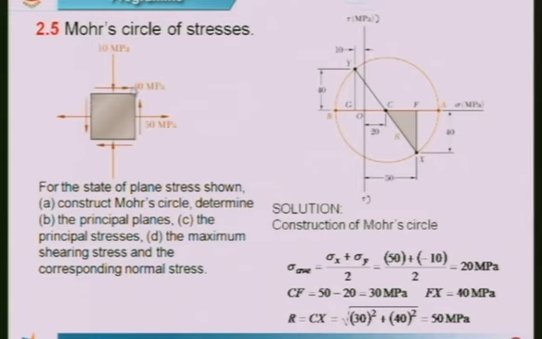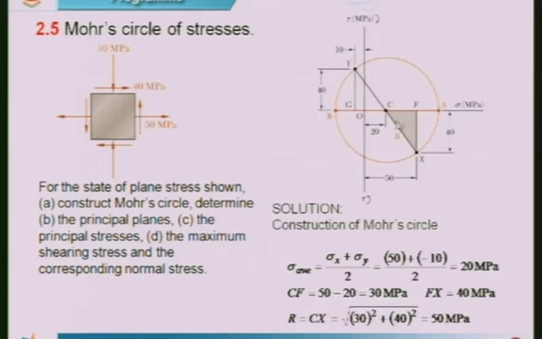So when the shearing stress makes the body rotate in the clockwise direction, we take that as positive. So move up from G by a distance 40 megapascal, that's what is indicated here. This is equal to 40. So we are moving up. So we get the point Y. So we have this point X, we have this point Y.